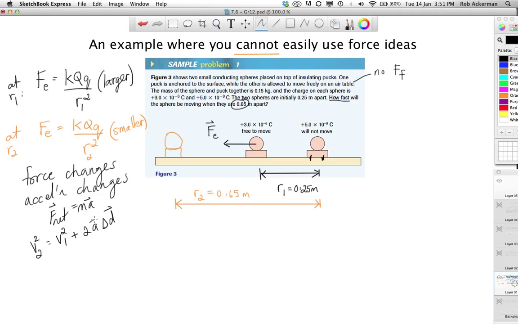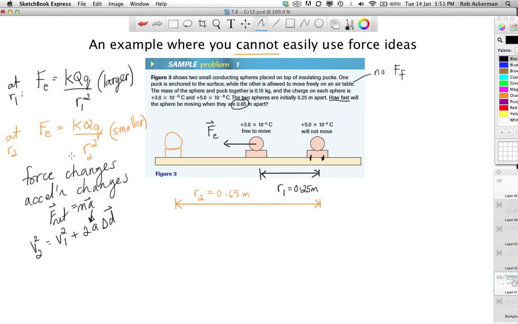If that thought had crossed your mind and you were hoping to use the electric force to calculate the acceleration using Newton's law, well, you would be in big trouble here because the net force is not constant, and these kinematic equations deal with constant acceleration.